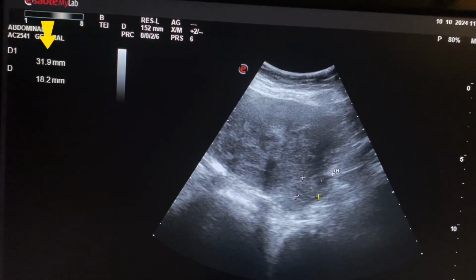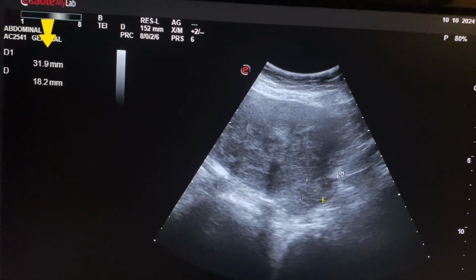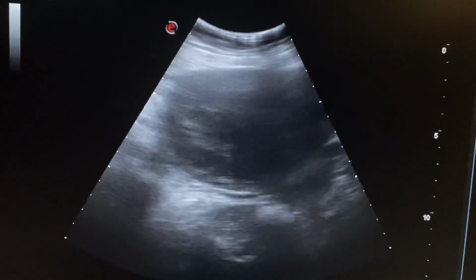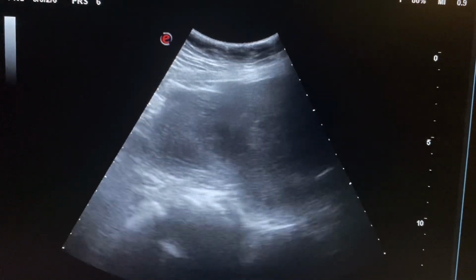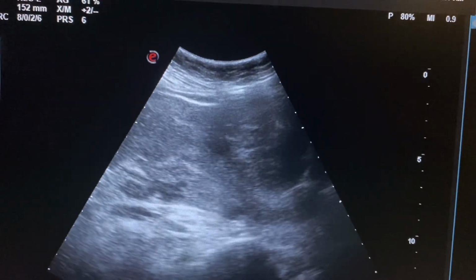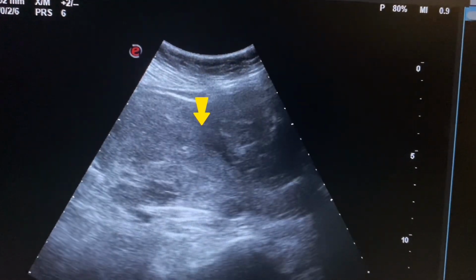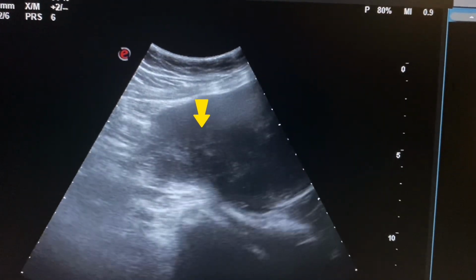The size of the ovary is 31 by 18 millimeters, which is normal. The mass lies in the myometrium in the anterior uterine wall.